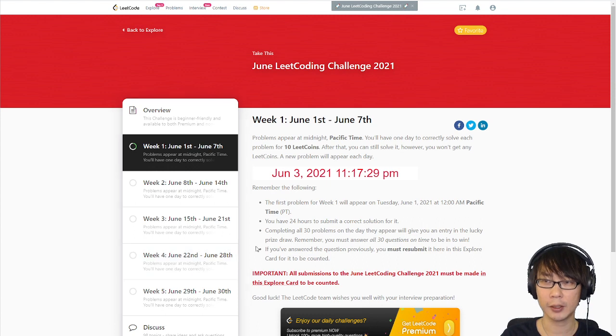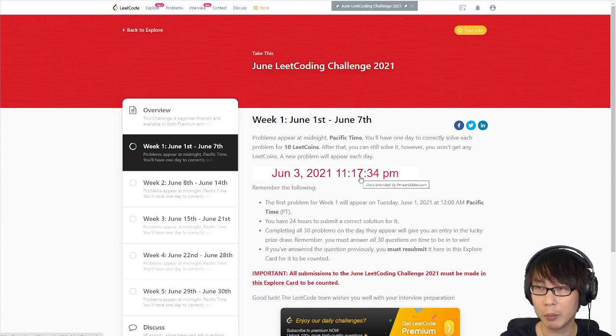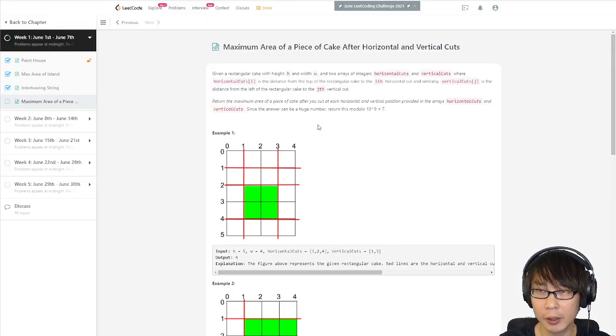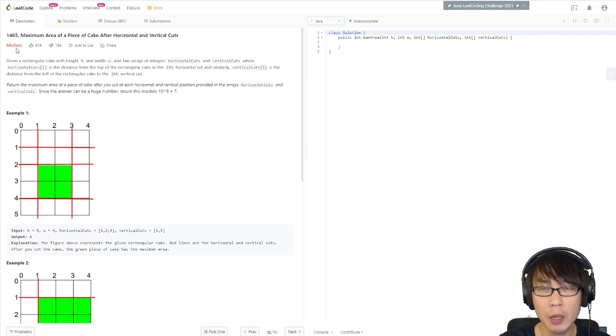Okay, today is June 3rd, and we have 14 minutes left for this daily challenge. Today we have question number 1465, and not a lot of upvotes, and the downvotes are a lot, I think.